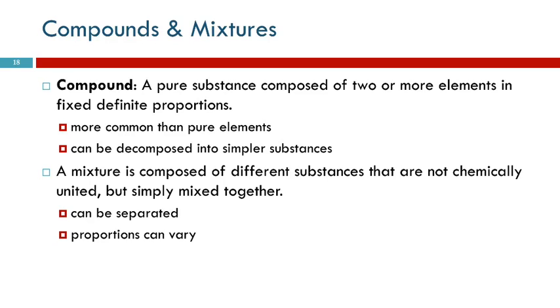If you think about Lego bricks, if you make little structures out of the Lego bricks, that's different than if you take those loose pieces and just jumble them together. A compound has the atoms bonded together, and we'll talk a lot more about how they do that. A mixture can be separated, and the proportions can vary. You could have a little bit of salt in the water, you could have a lot of salt in the water.